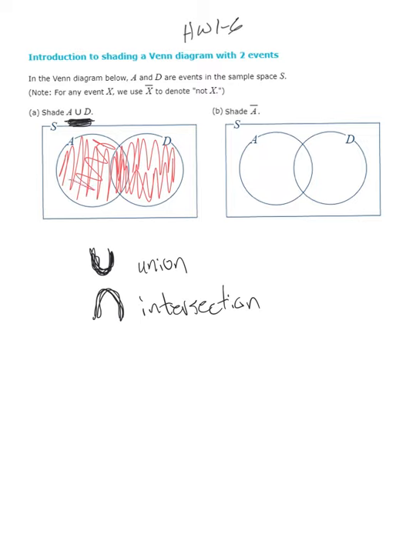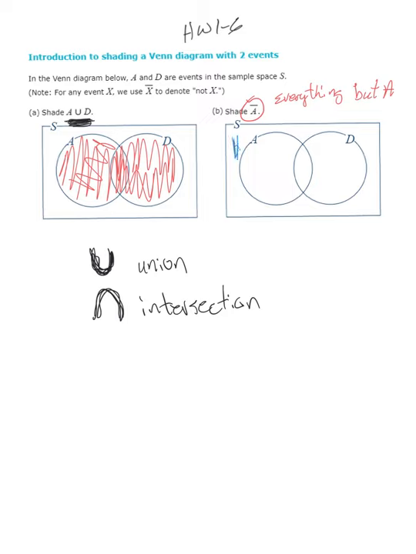Now, this symbol here, the line over it means the complement of A. So that means you want to shade everything other than A. Everything but A needs to be shaded. Okay, so if I'm shading everything but A, A itself would just be that circle.